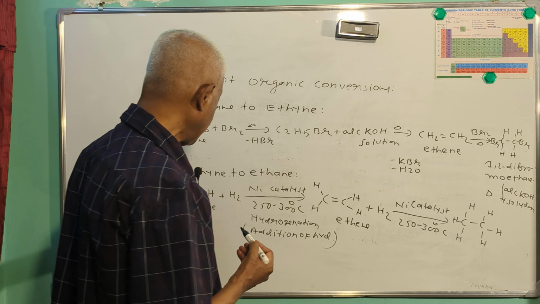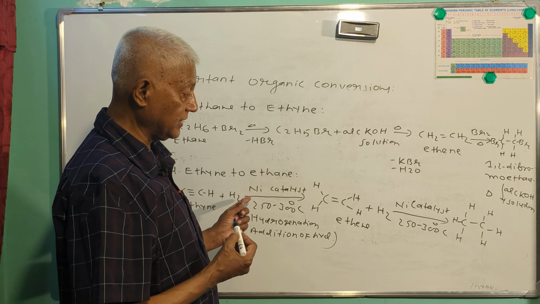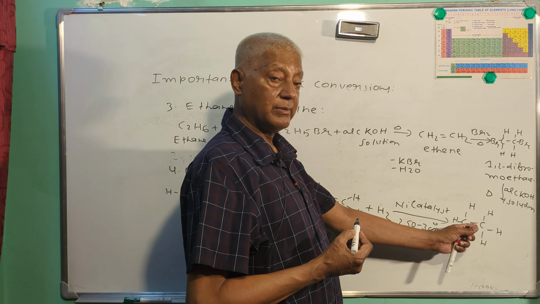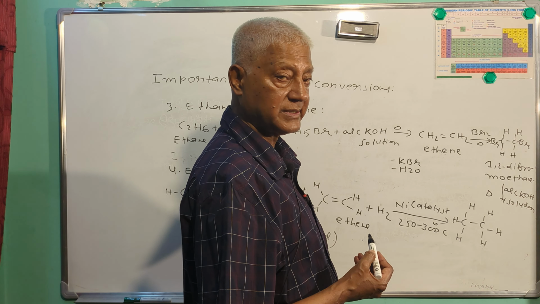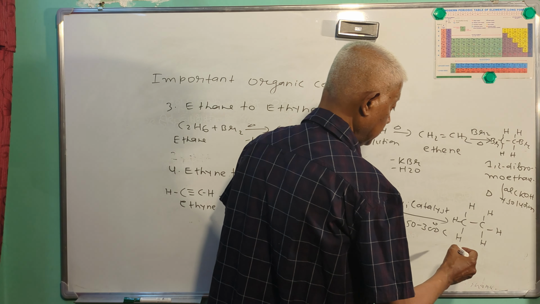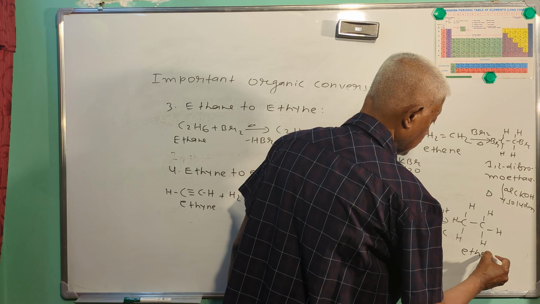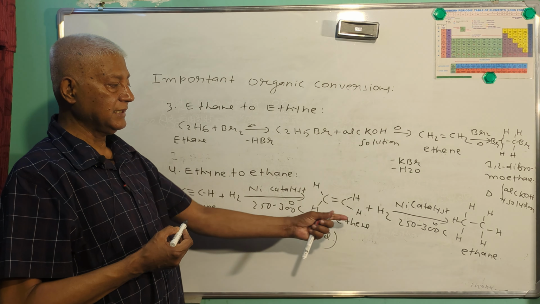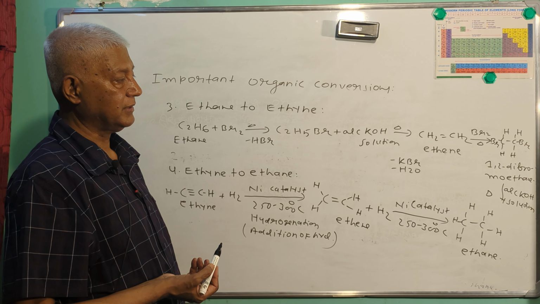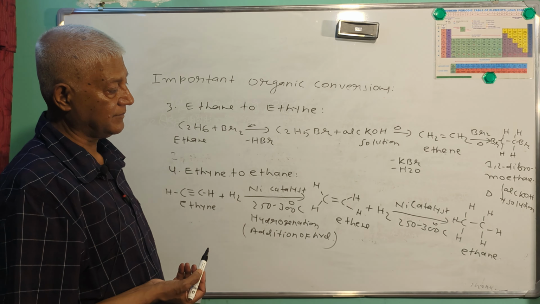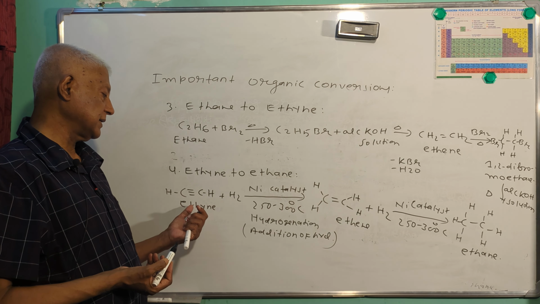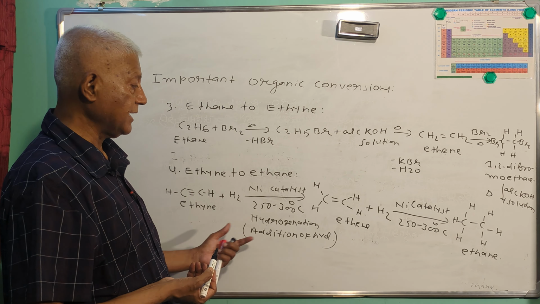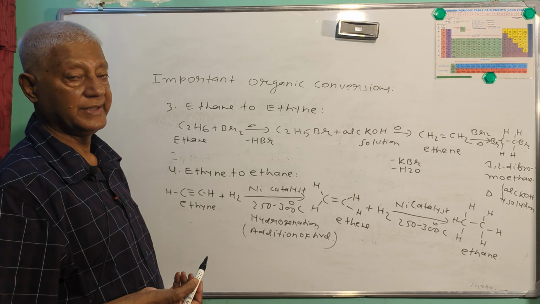In ethyne there are 2 pi bonds, so addition happens 2 times. In ethene there is 1 double bond, and in ethane there is no pi bond, so there is no further addition. So that is ethyne to ethene, ethene to ethane. If the question in the examination asks only ethyne to ethene, we go up to here; if from ethyne to ethane, we go up to there.